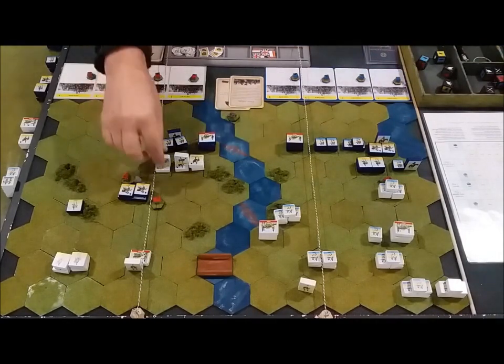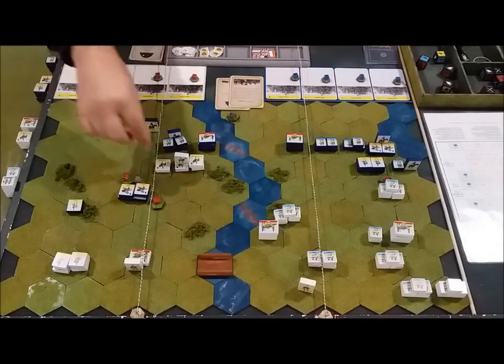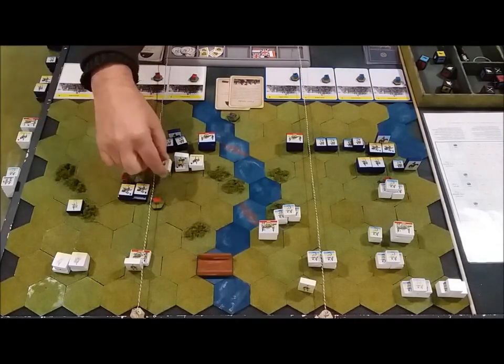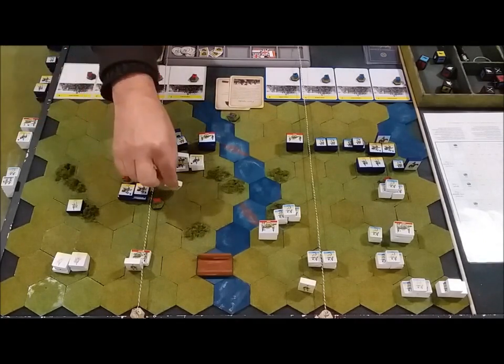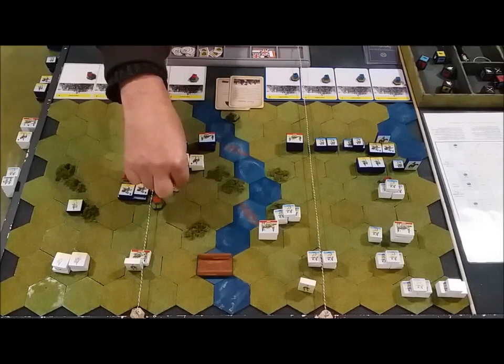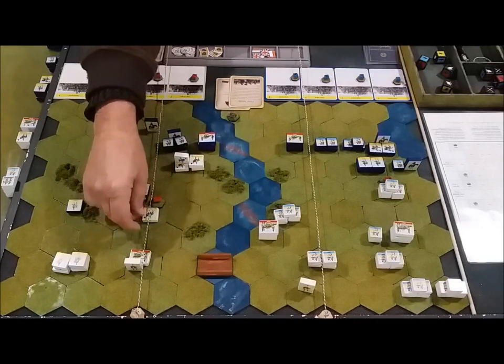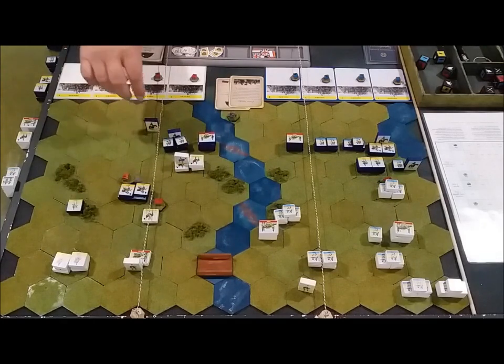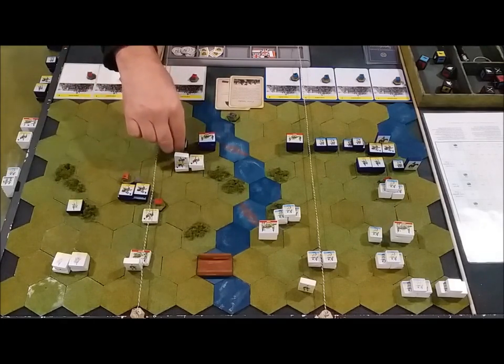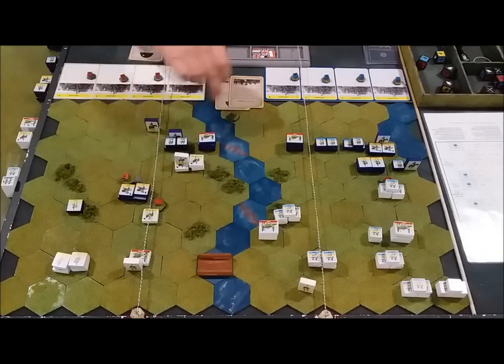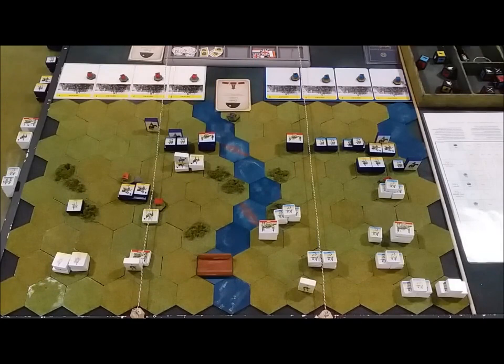And they kill 1. And we get 2 retreats, so they've got to retreat at least 1. They're going to retreat 1, 2 into the town. And this guy could advance if he wished to. And he can't because it's first strike.